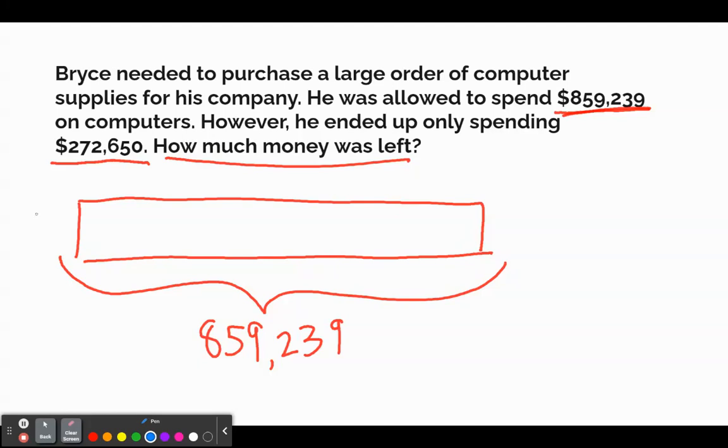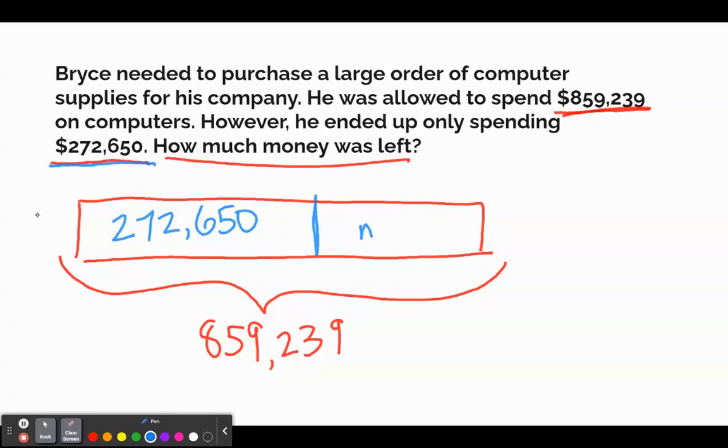Now, he only spent $272,650, right? So we know that a portion of this was spent on these computers. So he used 272,650 on computers. He has some money left over.